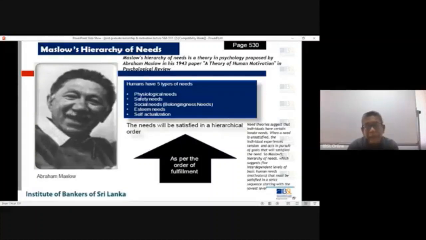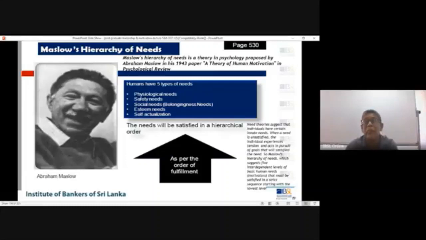Before we go for a break, we must first look at some of the content theories. The very famous one is the Maslow theory. Very simple. Maslow identified a hierarchy of needs. Actually, it is a theory in psychology proposed by Abraham Maslow in 1943, way back, right?